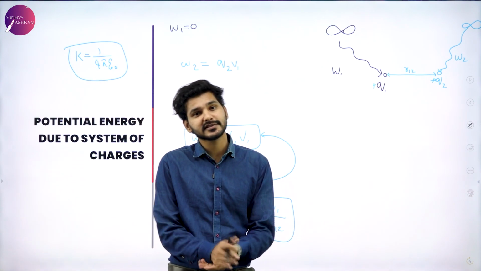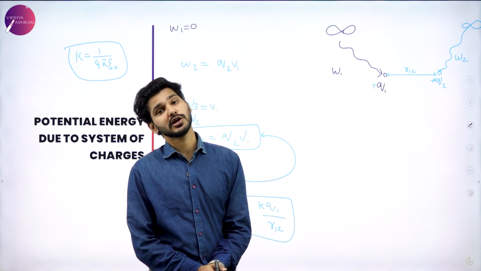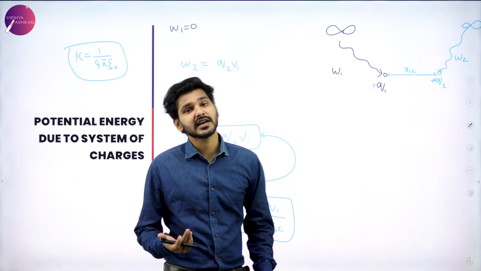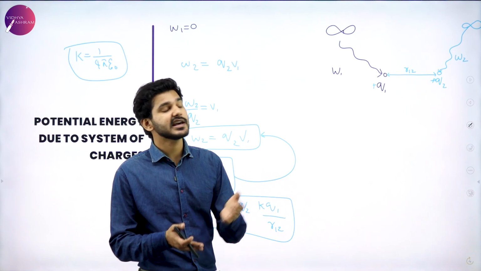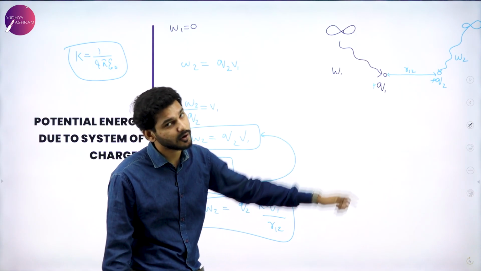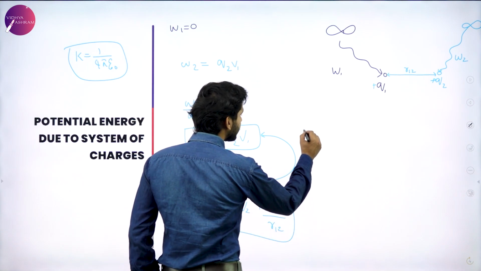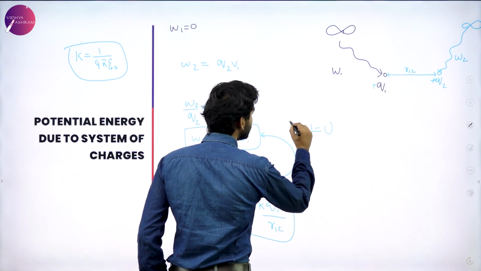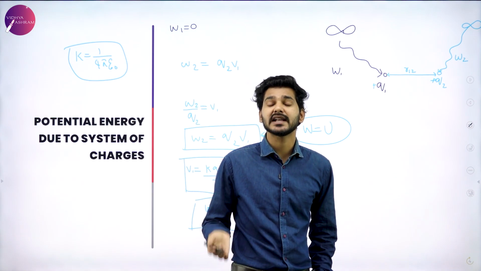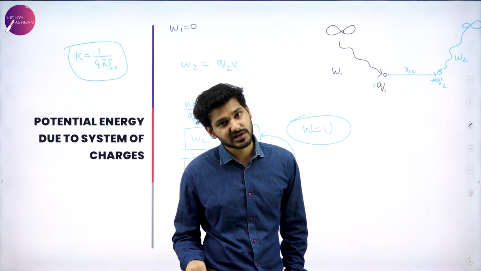If you remember the first topic precisely, then you would know that the potential energy we are seeking is stored as the work done in bringing that particular charge from infinity to that particular point, which means that W is stored as U. That is, W is work done, and that is equal to the potential energy stored.